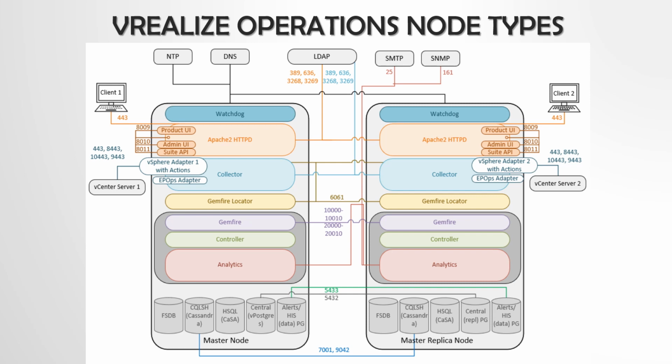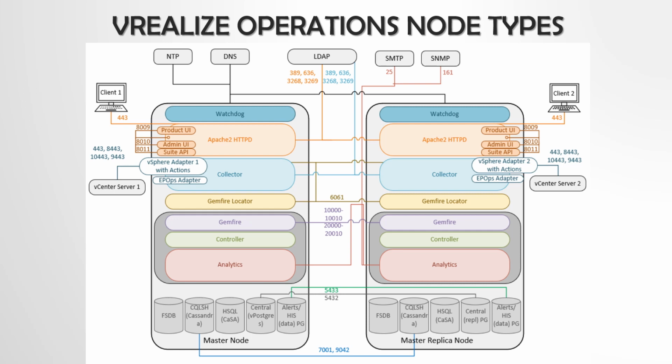With an external NTP server, only master or master replica will require access to it. And by internal NTP server, I mean that master is going to act like the NTP server for the whole vROPs cluster, and all the nodes will be synced according to the master's time.